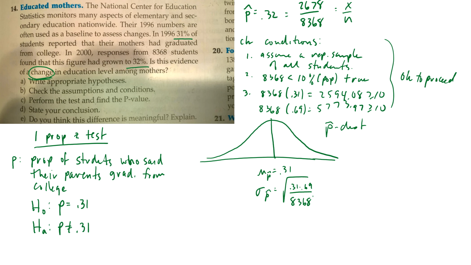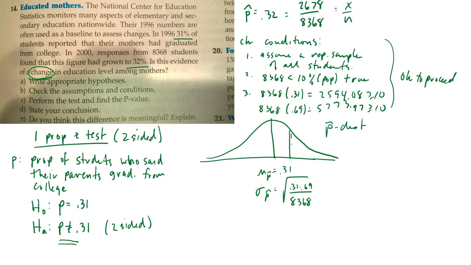This is a two-sided test. Okay, I'm actually going to go back here and say two-sided. Or actually I should probably put it down here just for emphasis. I'll leave it in both for right now since it's the first time. Okay, our sample is 0.32. So here's 0.32. Since it's two-sided, p could be not, we just want to know if we have evidence for p not equal to 0.31.